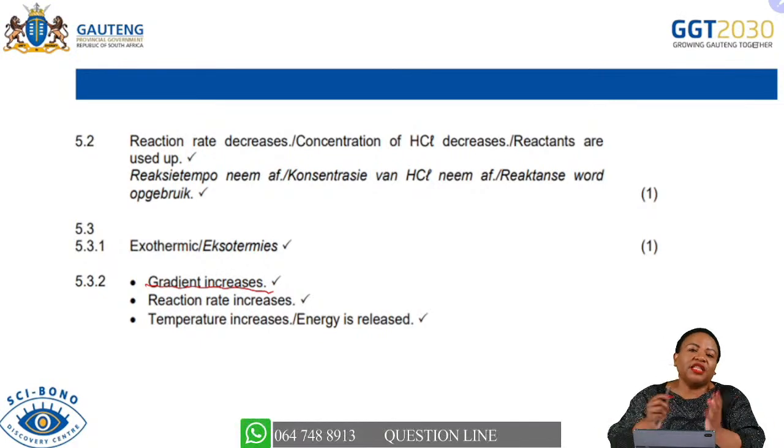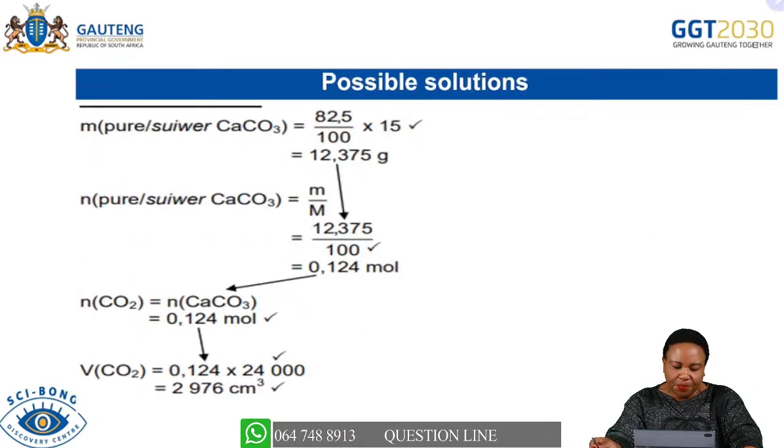So it is very important that you look at the shape of the graph and know how that change affects the rate of reaction. If it is less steep, it indicates that the temperature is decreasing. But if it is steeper, it indicates that the temperature is increasing, and therefore energy will be released and the reaction rate will increase.